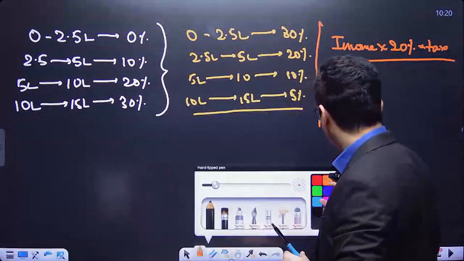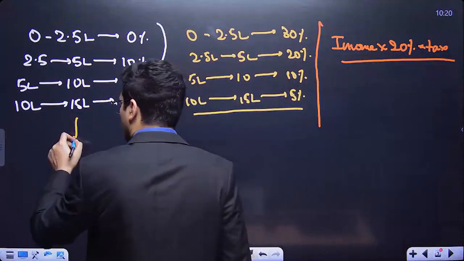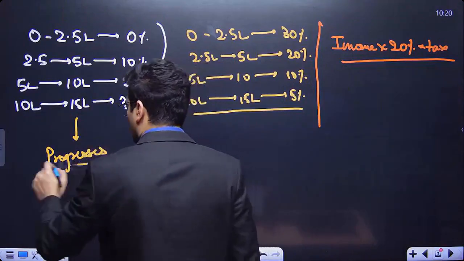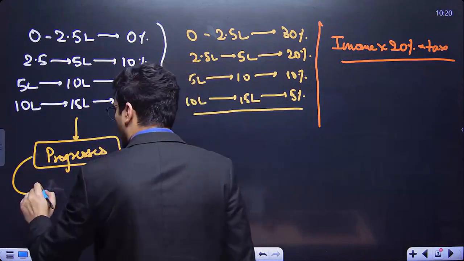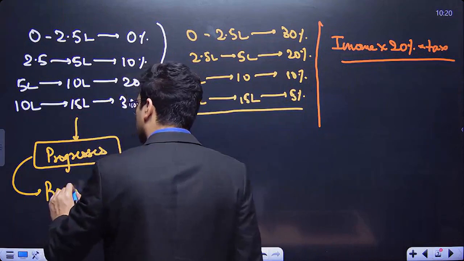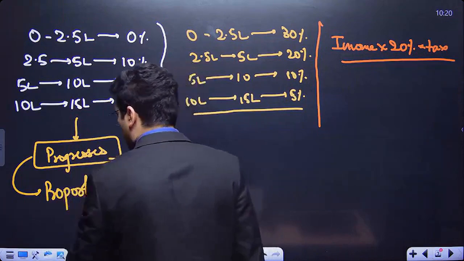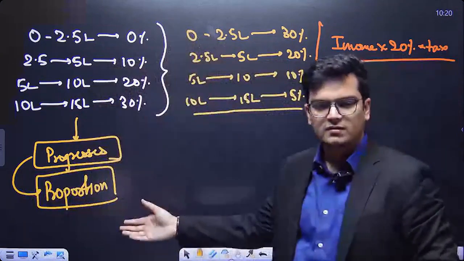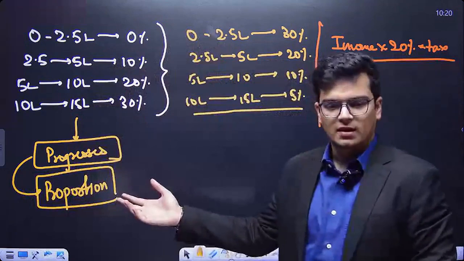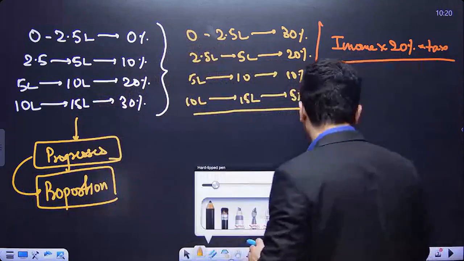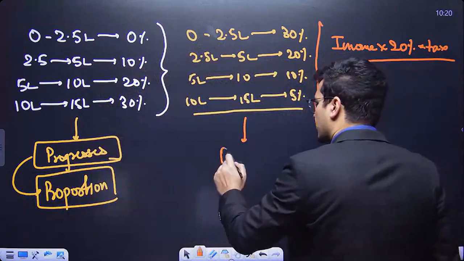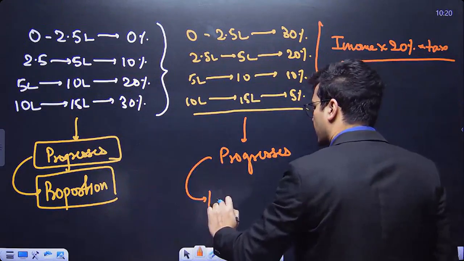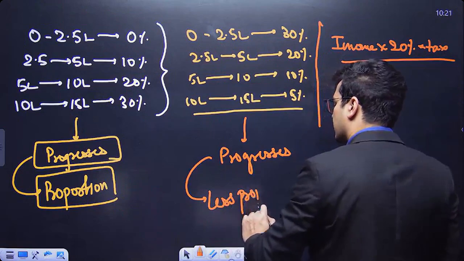Progressive taxation means as your income progresses, you will pay more proportion of your income as tax. Regressive taxation means as your income progresses, you will pay less proportion of your income as tax.